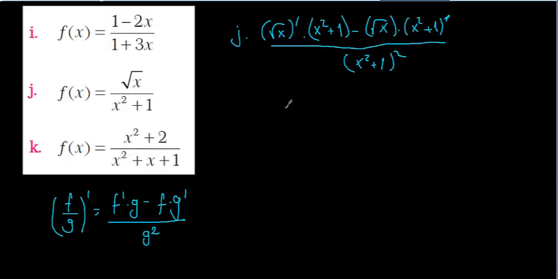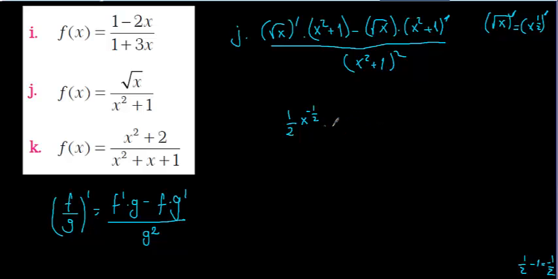We know that the derivative of root of x, which is x to the power of 1 over 2, is equal to 1 over 2 x to the power of 1 over 2 minus 1. 1 over 2 minus 1 is equal to minus 1 over 2, so x to the power of minus 1 over 2.